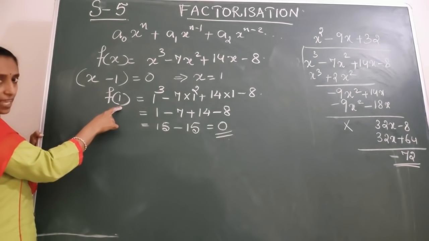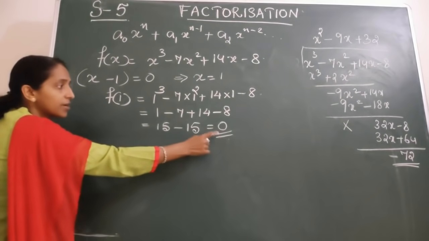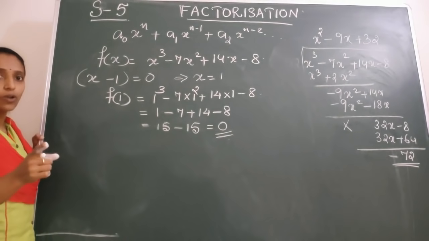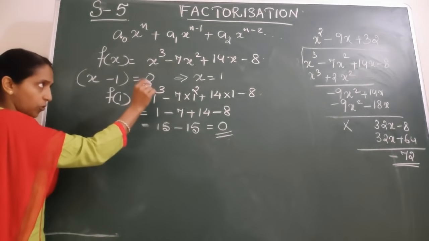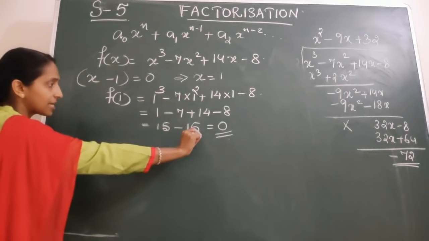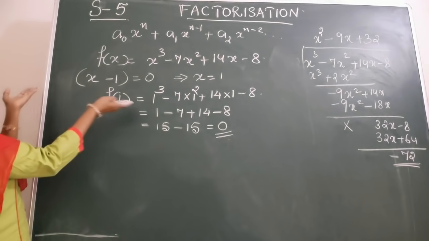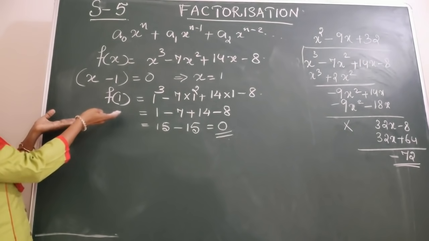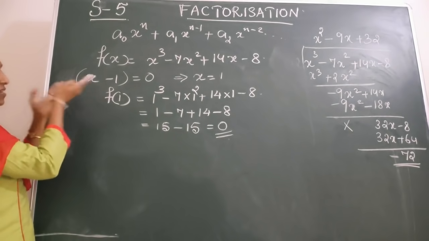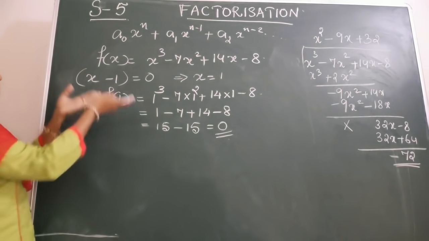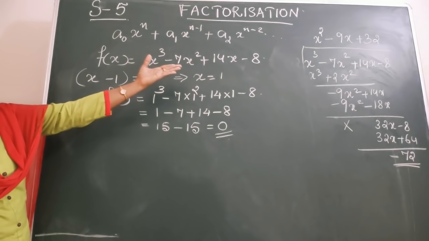And f of a, f of 1, you got as 0. So when you substitute the value of x in the given polynomial and get the answer 0, then of course, it is not x plus 1; while substituting it here, it will be x minus 1. Then we can say that x minus 1 is a factor of f of x.